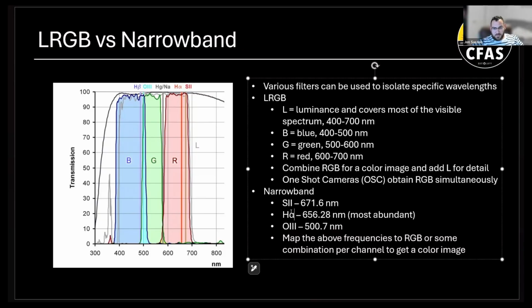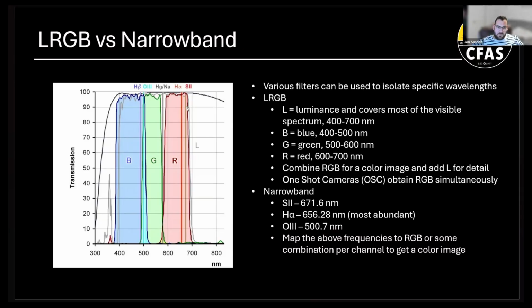So when you're using a narrowband filter on a one-shot color camera, only the red pixels in that camera can capture H alpha. Your green pixels are not doing anything, and your blue pixels are not doing anything for H alpha. And then you have O3, which is 500.